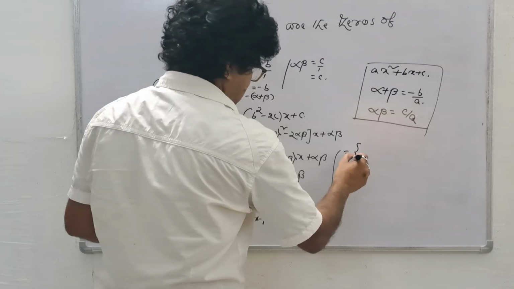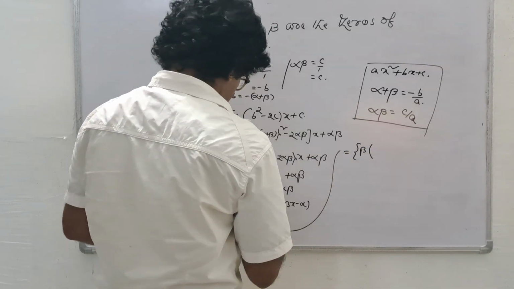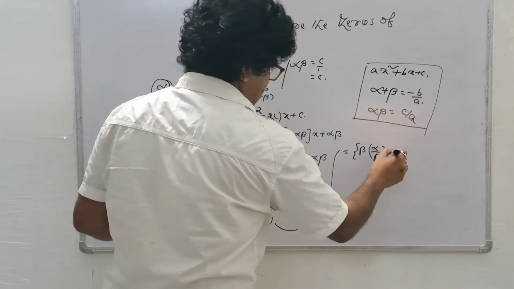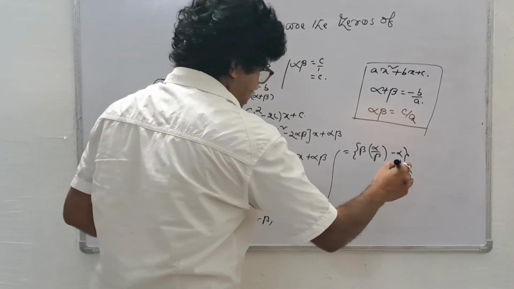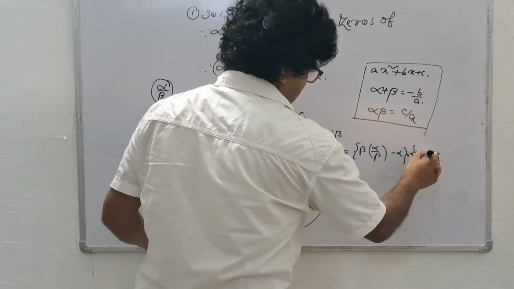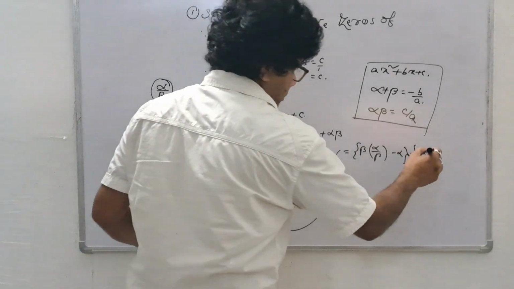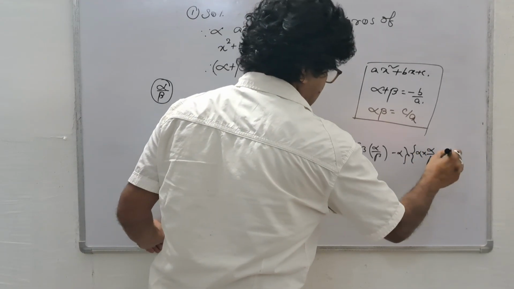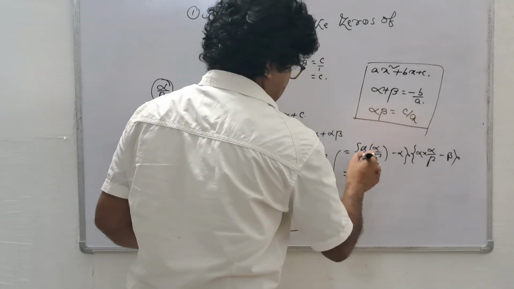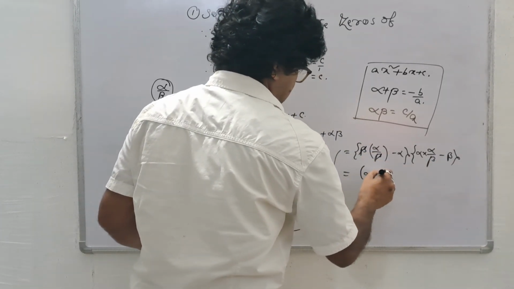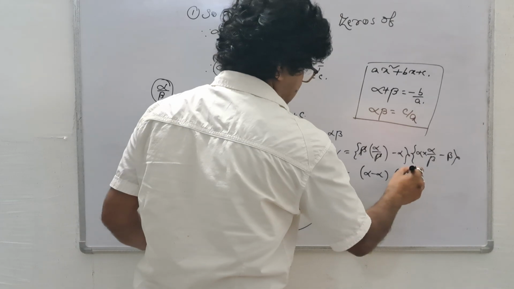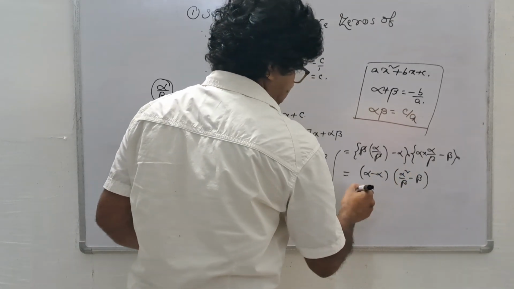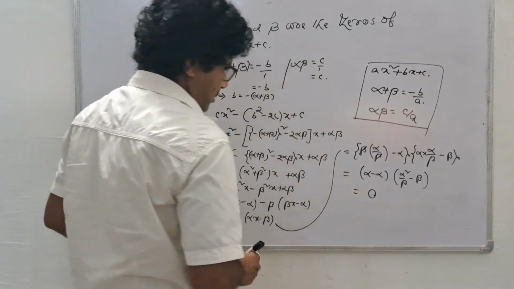Now you see, beta x, where you put x as alpha by beta, gives alpha, so beta cancels, you are getting alpha minus alpha. So ultimately alpha minus alpha is 0, and 0 multiplied by the other factor is 0.